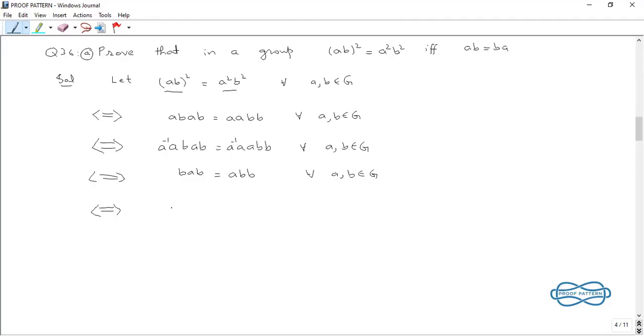Okay. Now we post-multiply, or multiply from the right side, with B inverse, for all A, B belongs to G. And this is if and only if BA is equal to AB for all A, B belongs to G. And this is what we want to prove.